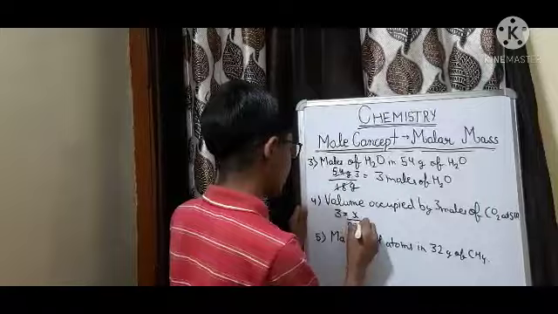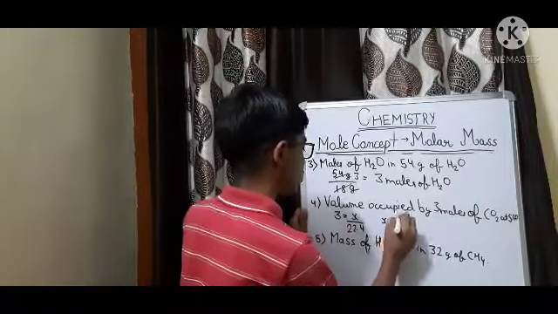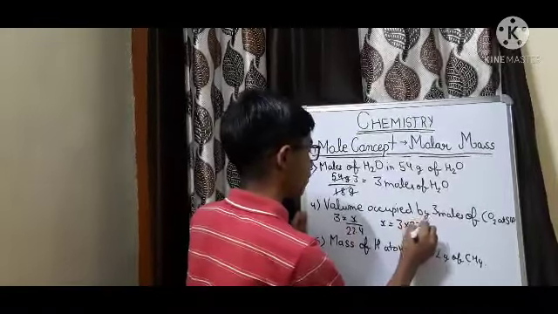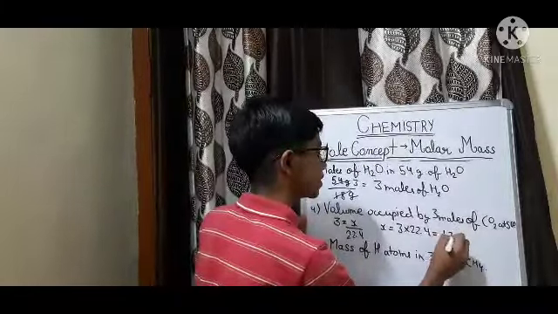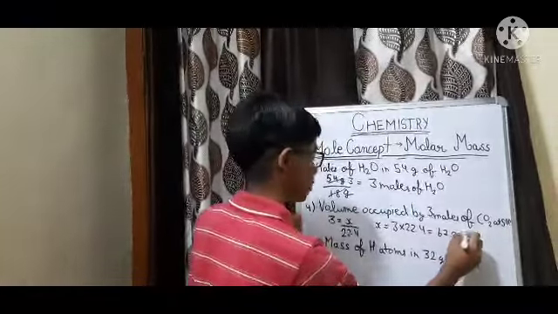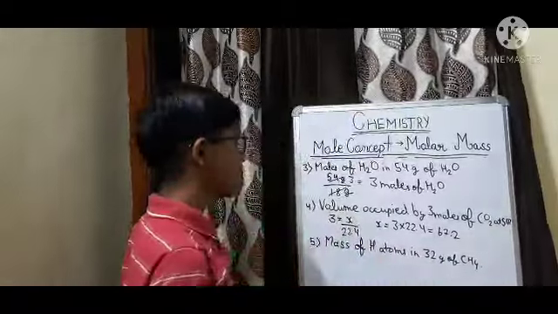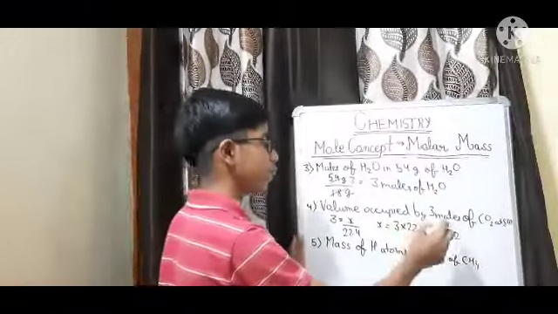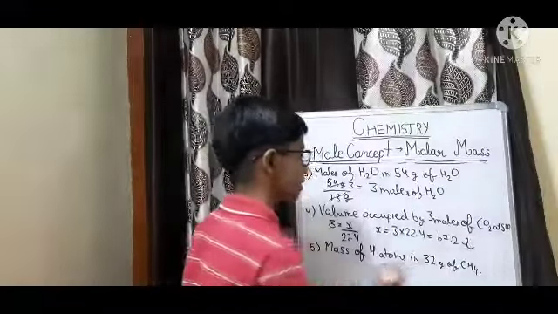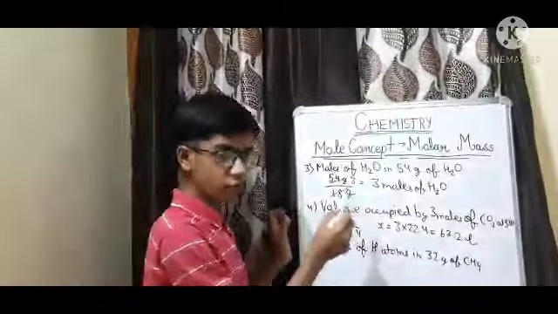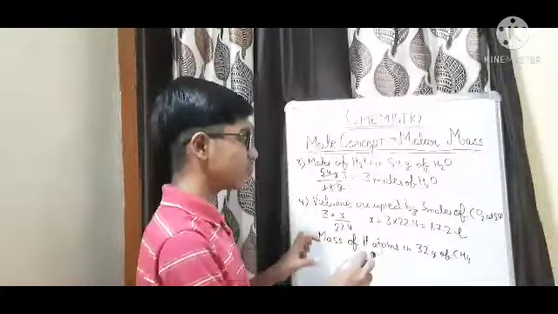So X is equal to 3 into 22.4, which will come as 67.2 liters. 67.2 liters will be the volume occupied by 3 moles of CO2 at STP.